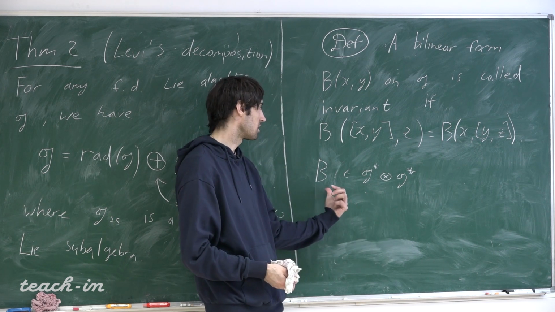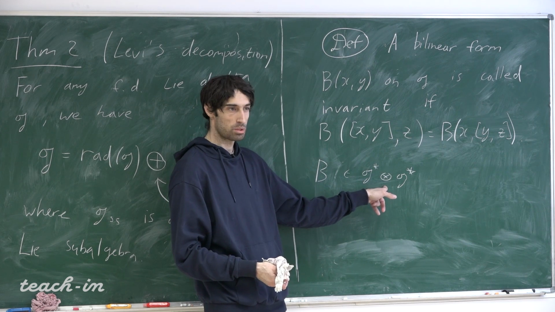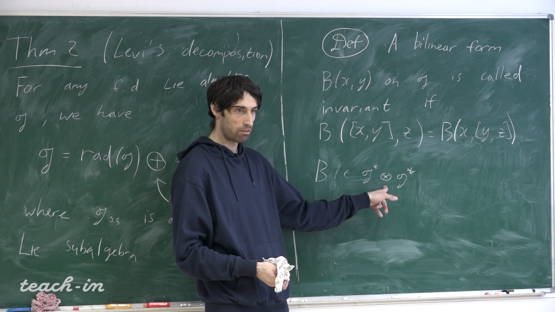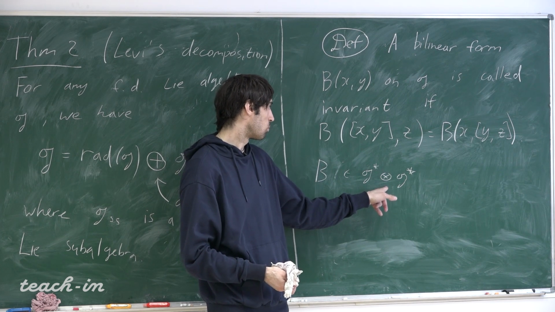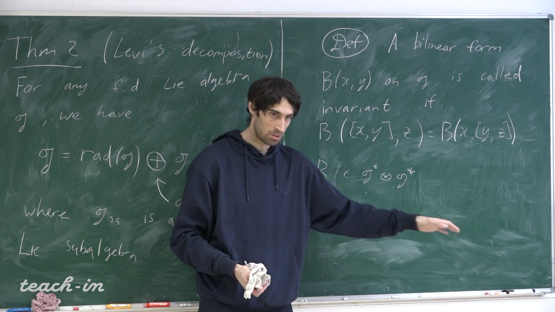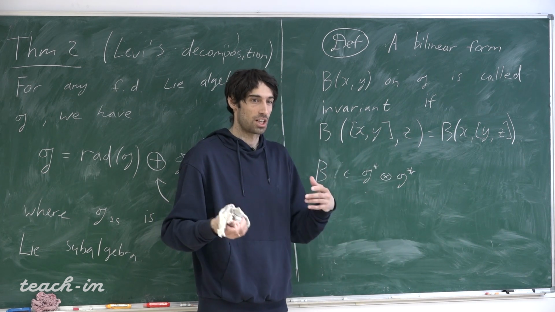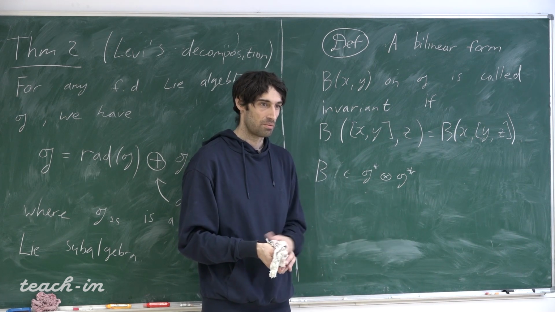So this says that B is an element of this representation of G, such that if I act by Y on this element, it is 0. I mean, the action of G on this element is just 0.